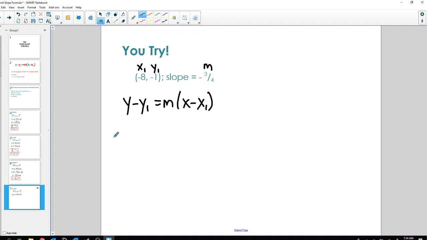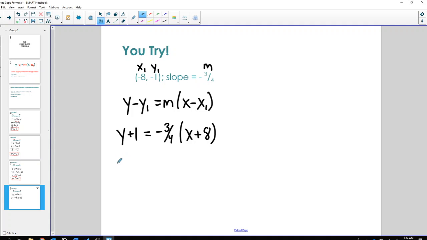Both of these are negative, so I'm going to have y minus a negative 1 become plus 1, equals negative 3/4 x minus a negative 8, which is going to be plus 8.